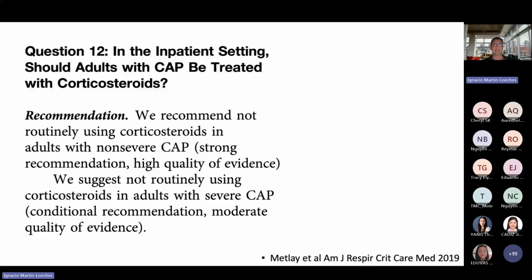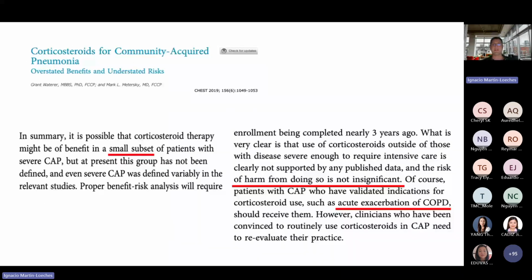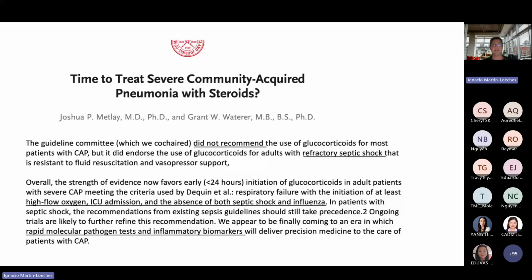What we can see is that there is no recommendation in favor in patients with both non-severe and severe CAP. Some clarifications arrived showing that it applies only in patients with acute exacerbation of COPD. However, some studies were showing some benefits, especially this study that I'm going to talk to you about in a second.